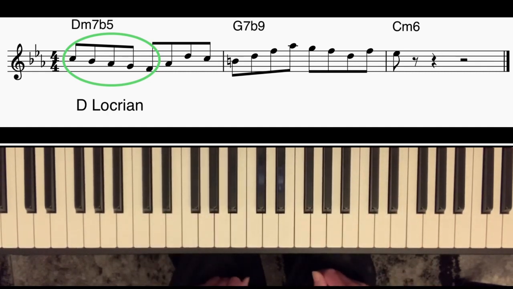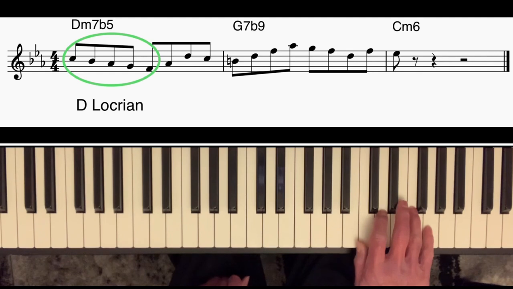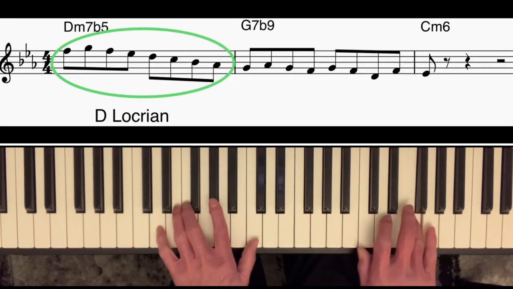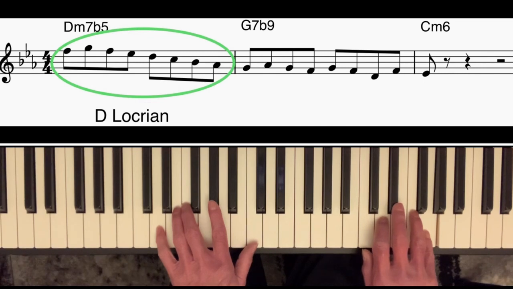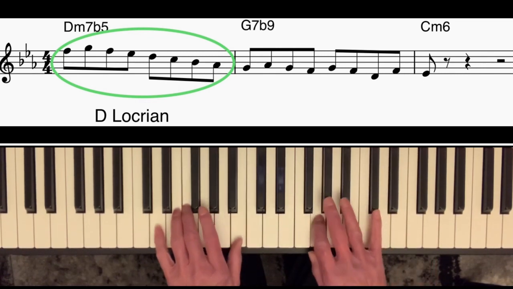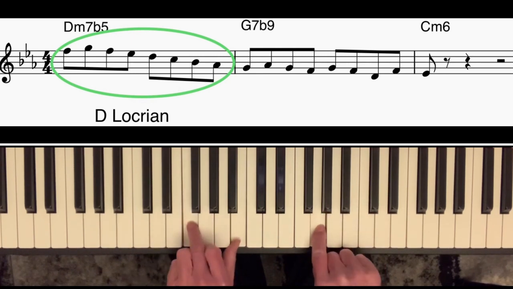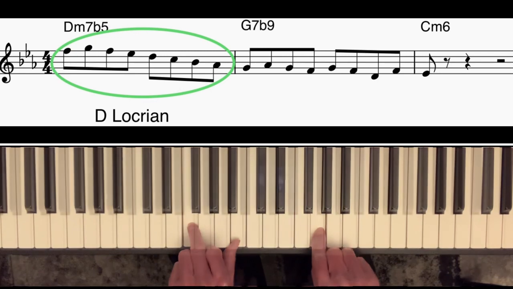In the third example, I started on the third of the chord, F. I went one step up and then came back down the notes of the Locrian mode, which took me to the root note of G7, G.